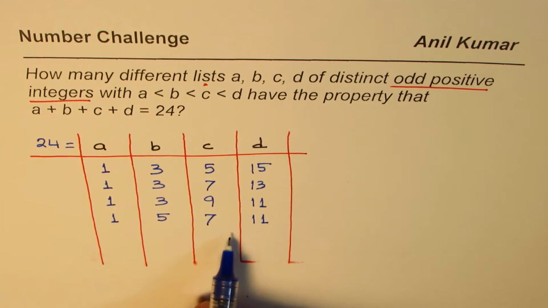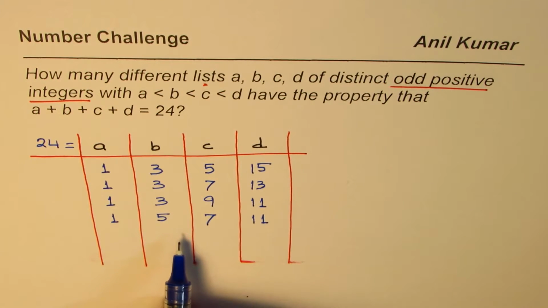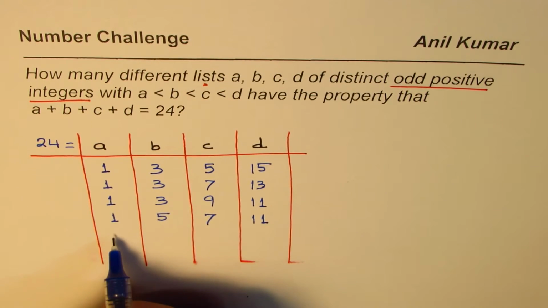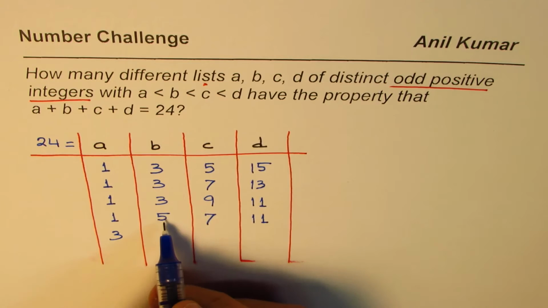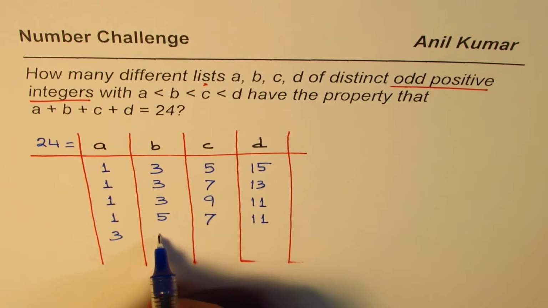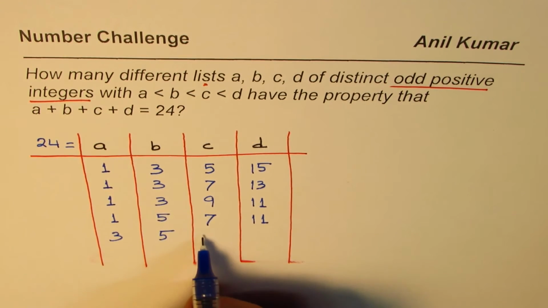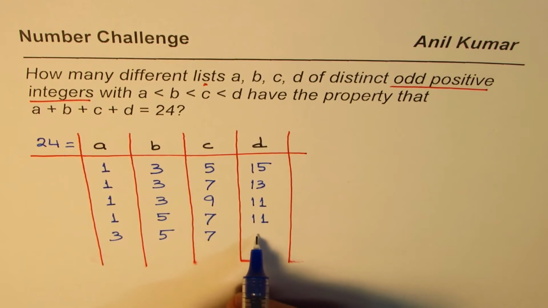So that is it. Well, what we can now try is start with 3. If I write 3 here, then the next number here is 5. And 3 plus 5 is 8. And now we need 16 here. The next number is 7, and then 9.